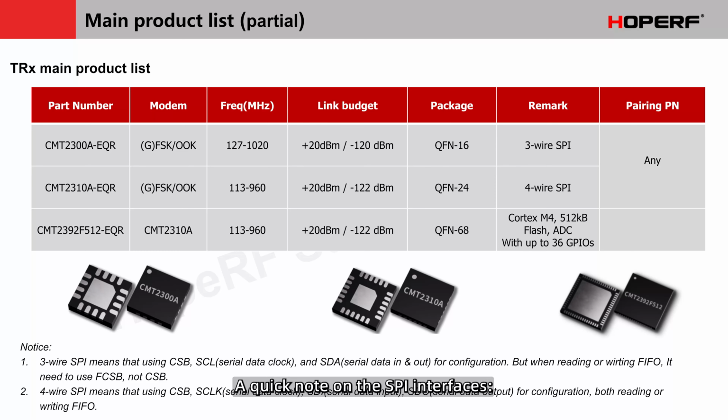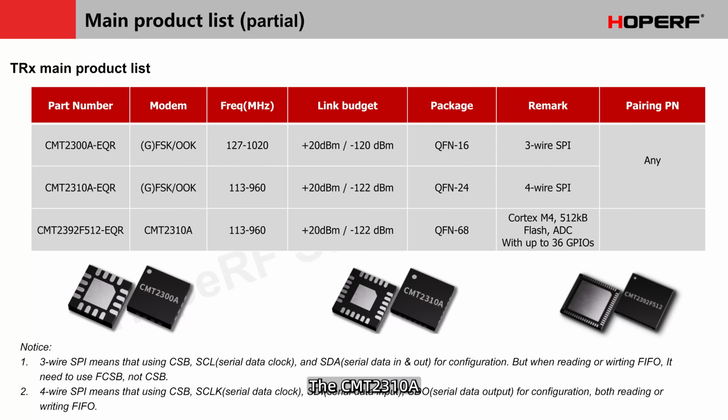A quick note on the SPI interfaces. The CMT2300A uses a non-standard 3-wire SPI. The 3 wires are CSB chip select, SCL serial clock, and SDA bidirectional serial data. But note, when accessing the chip's FIFO, there's a separate chip select signal called FCSB.